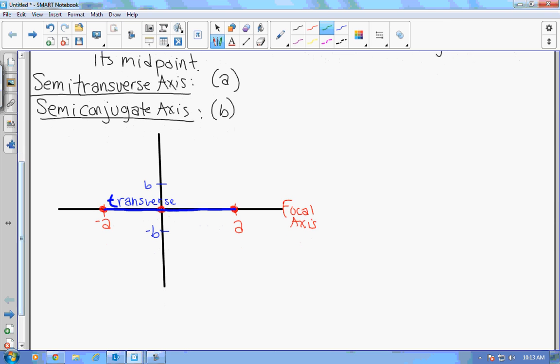And then take one of your colored pencils and connect them in a different color. And that is your conjugate axis. And it's perpendicular, so these two intersect at a 90-degree angle.